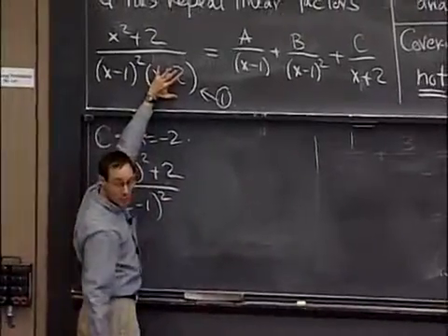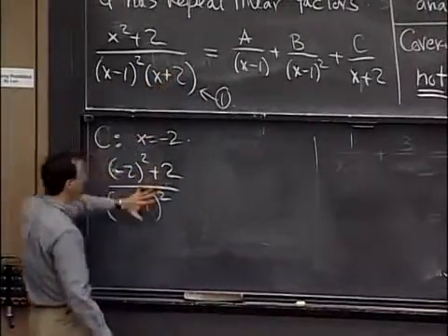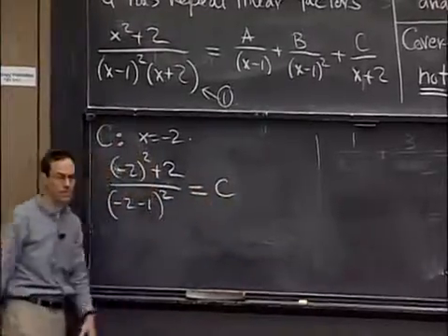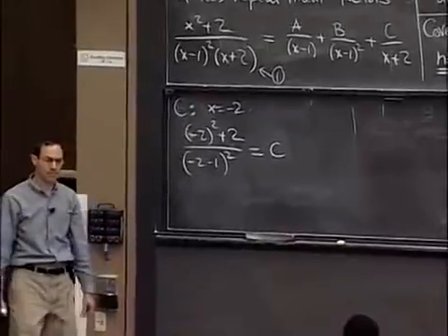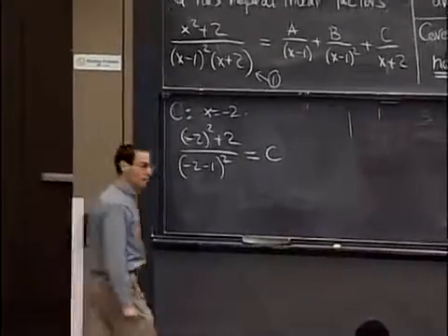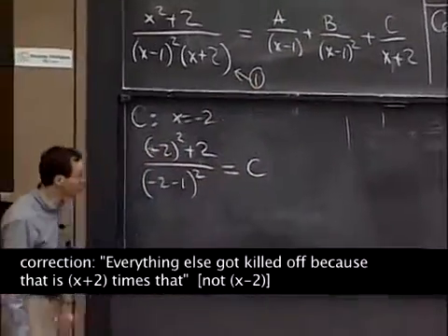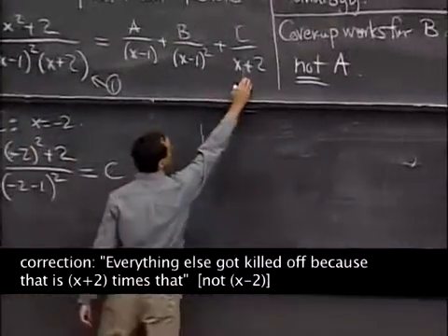Remember, I'm covering this up. So that's all there is on the left-hand side. And on the right-hand side, all there is is c. Everything else got killed off because it was x plus 2 times that. That's 0 times all that other stuff. And the x plus 2 over here canceled.